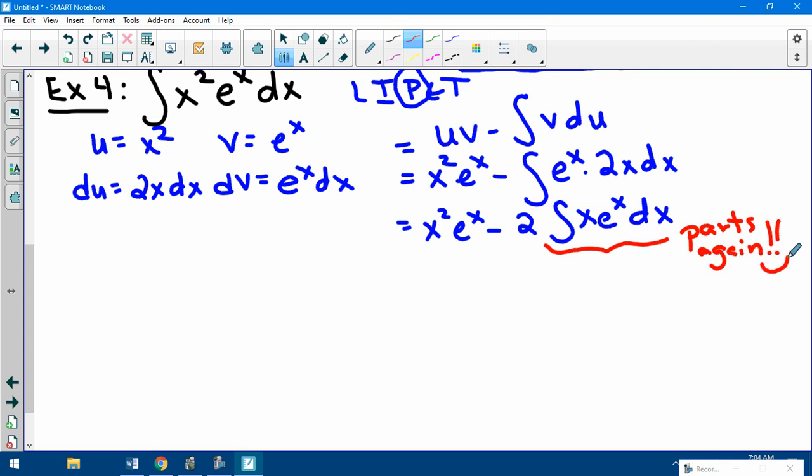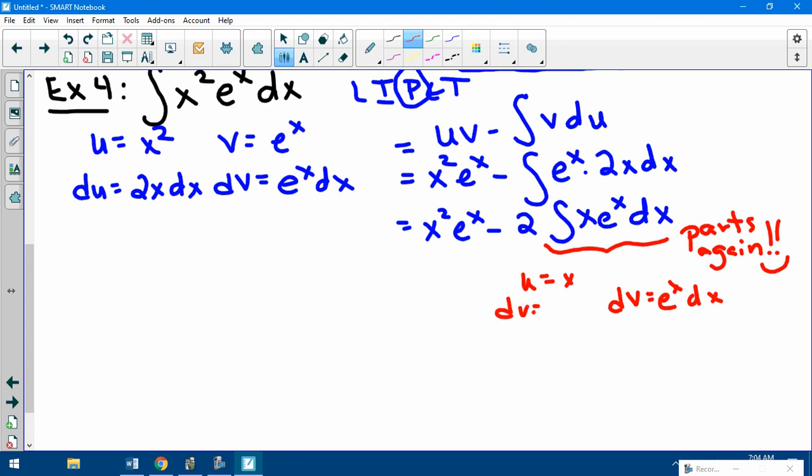Put a big smile for that. So we get to do it all over again. What do you think u would be? Same as last time. x is x to the first, that's a polynomial. That comes before exponentials. So u is x, which means dv would have to be the leftovers, e to the x dx.